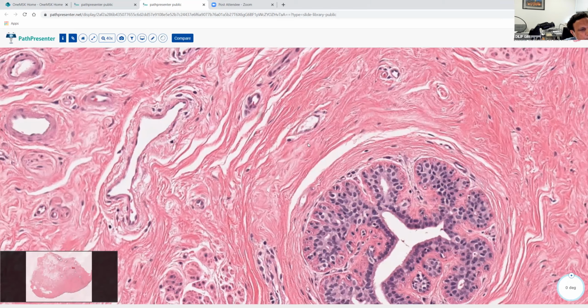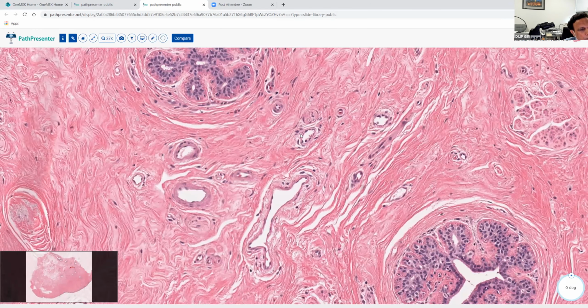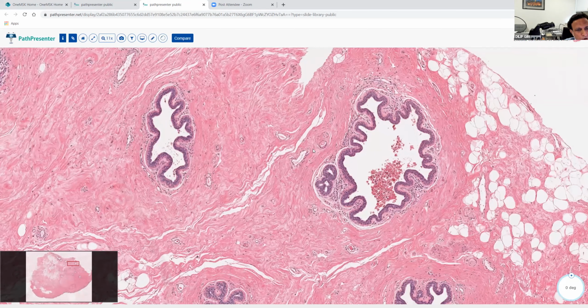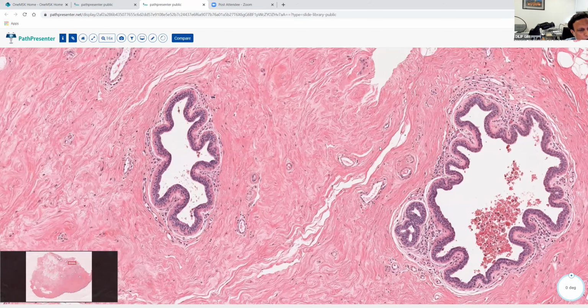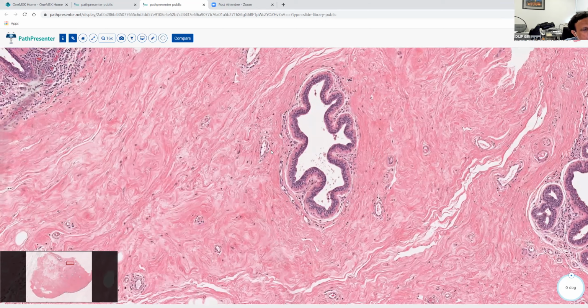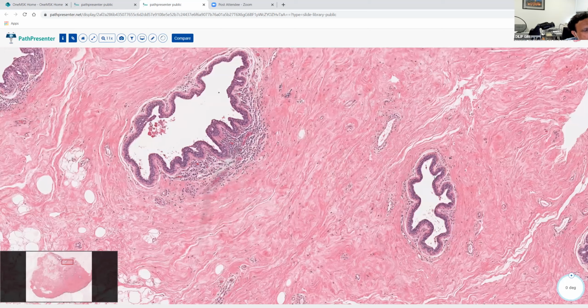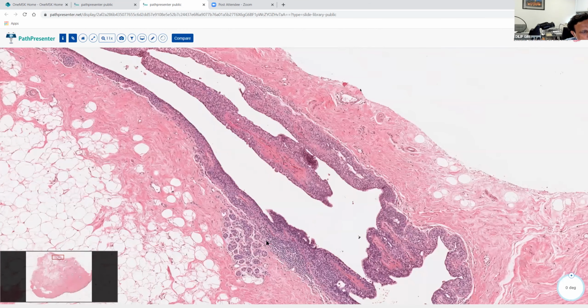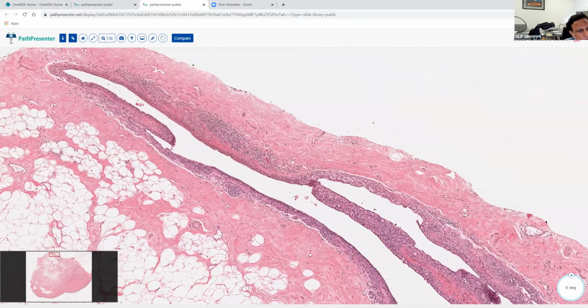Okay, so now we have seen these ducts here. Some of these are not involved at all by anything. They are just normal mammary ducts. And then there is this one really large duct. So this also we have seen, right?